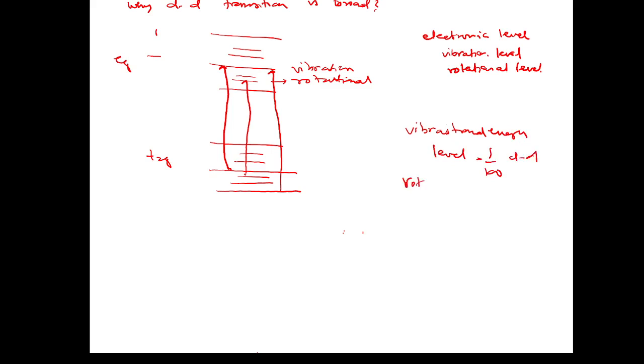So all three transitions occur. So suppose one transition can go from here to here, another can go from here to here, like that. This vibrational energy level will be one hundredth of the dd transition energy. Rotational energy level will be one hundredth of the vibrational energy.